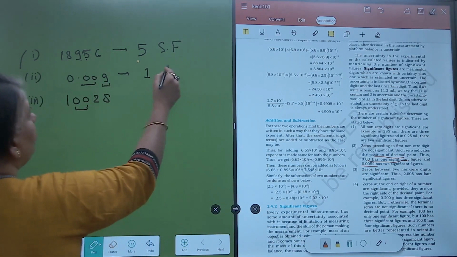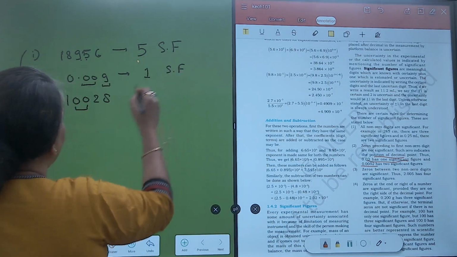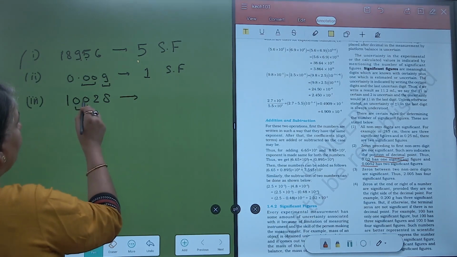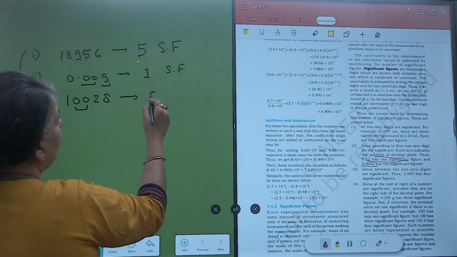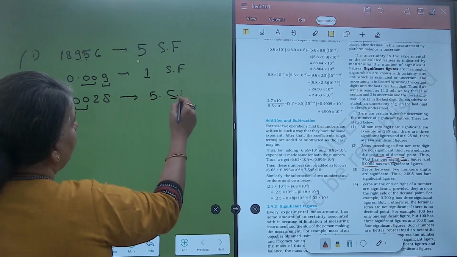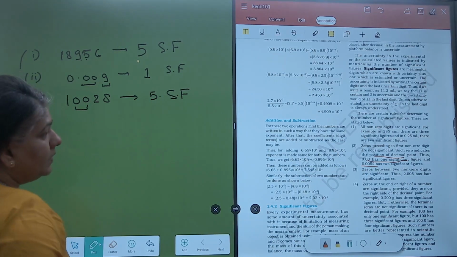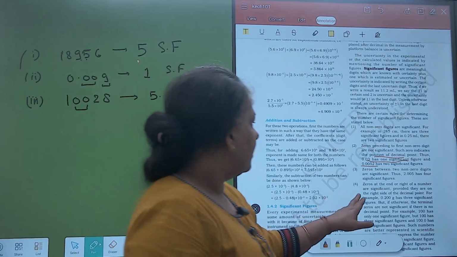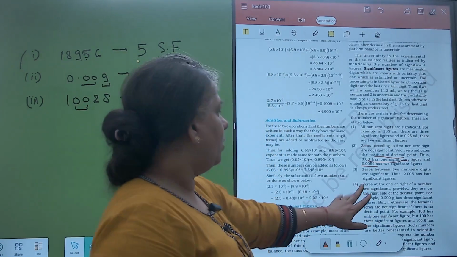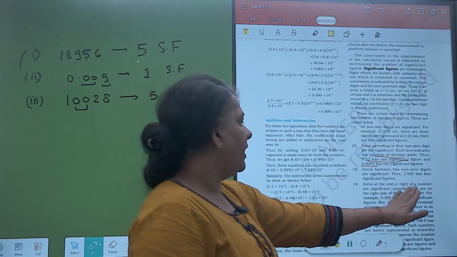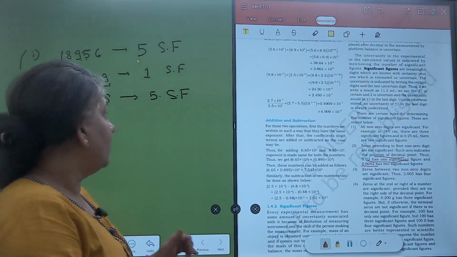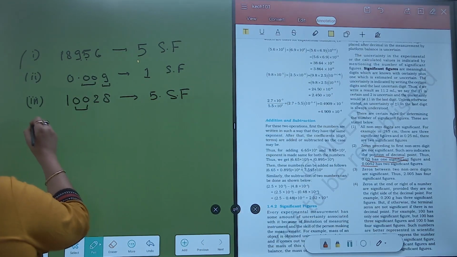Hence the number of significant figures will be 1, 2, 3, 4, 5. Again 5 significant figures.